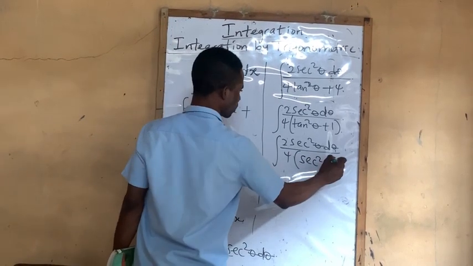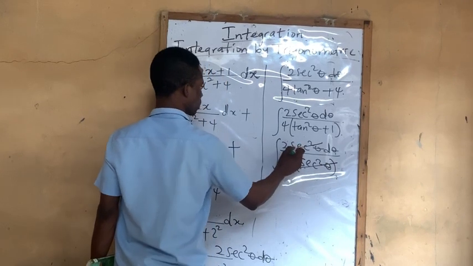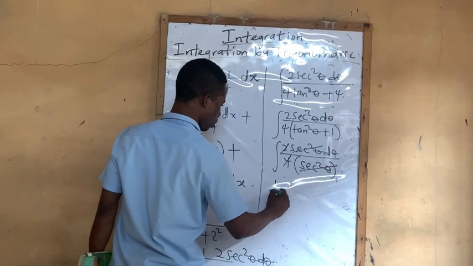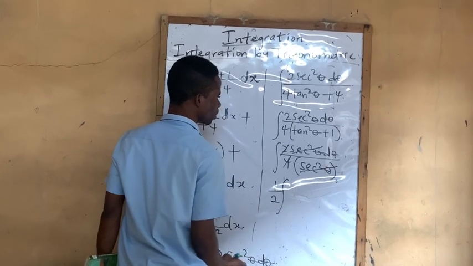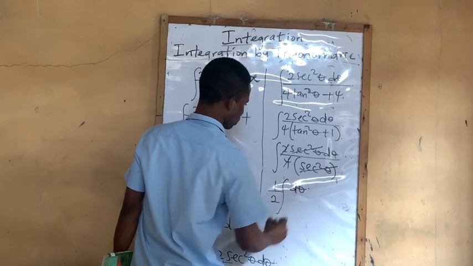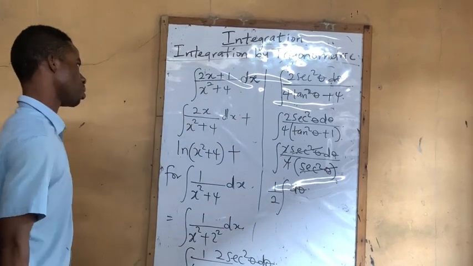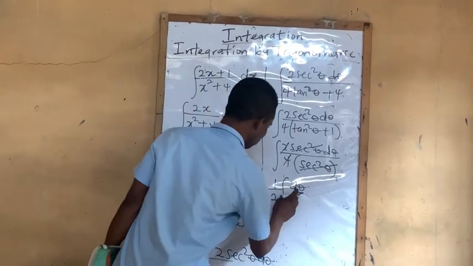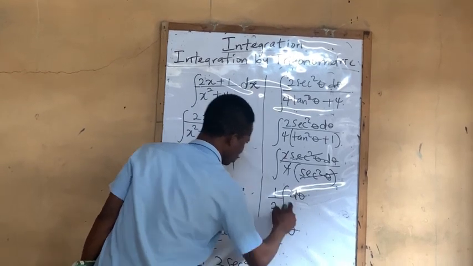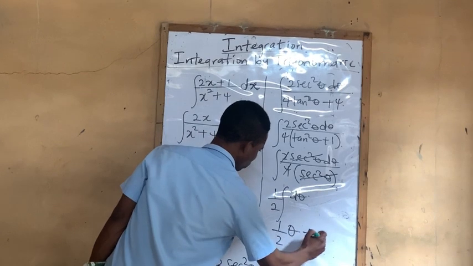So we cancel this: 2 here, 1, 2 here, 2. So we are having 1 all over 2 integral of d theta. That means 1 all over 2 theta. Integral of d theta is theta plus c.